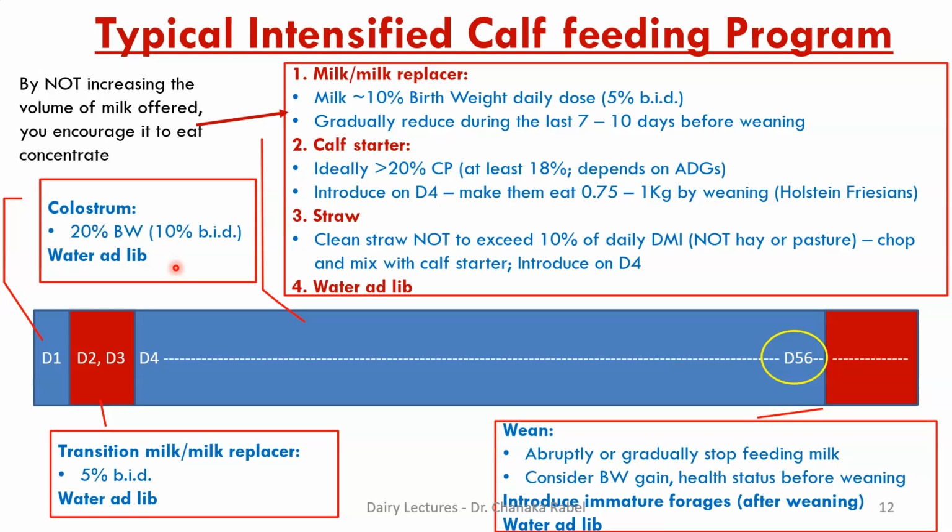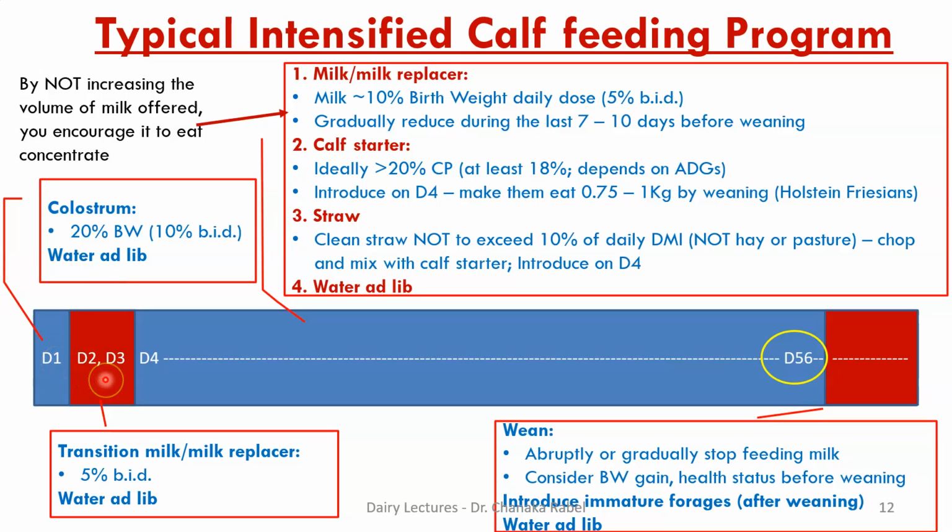But you don't expect the calf to drink water this day because it has already drunk 8 liters of fluid in terms of milk. However, you do want to give a bucket of water on day one.